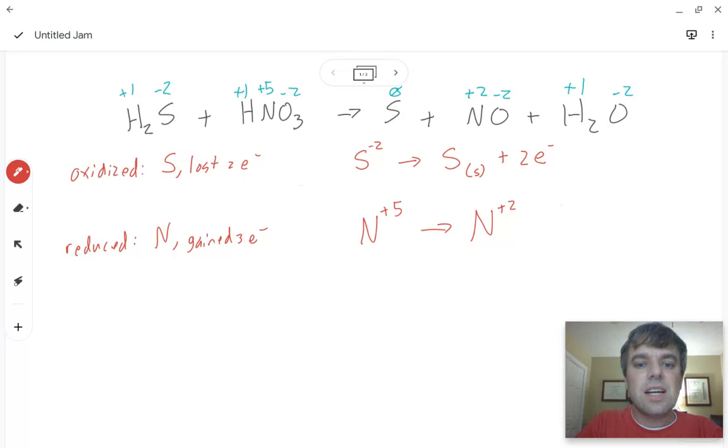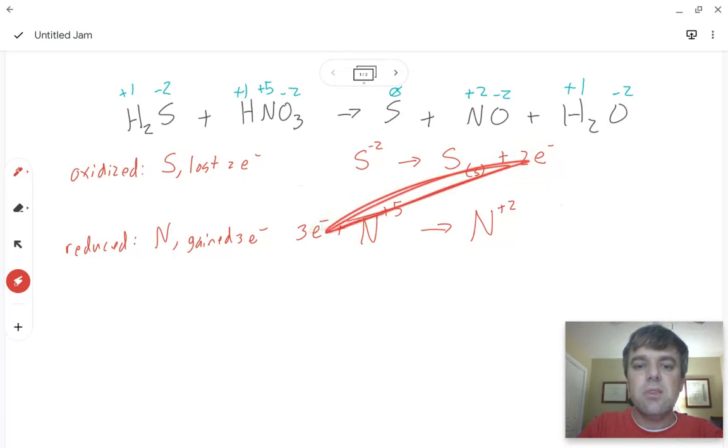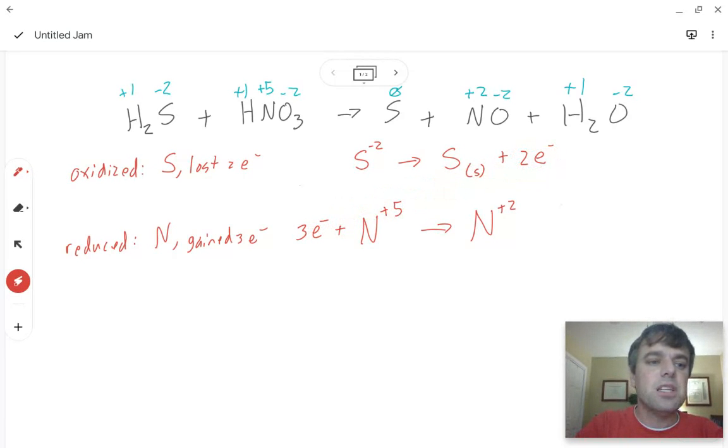It's gaining electrons, so we're going to add those electrons in as reactants, if you will, to balance the electrical charge here. And then you'll notice that we have 3 electrons and 2 electrons. Those are not equal. We need our electrons to be equal to each other.